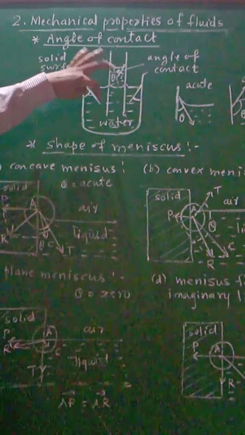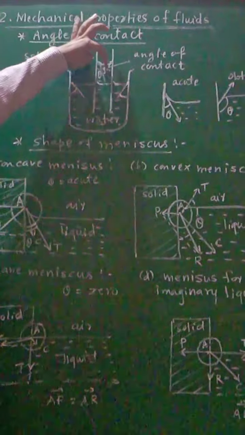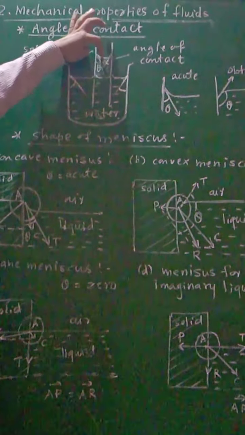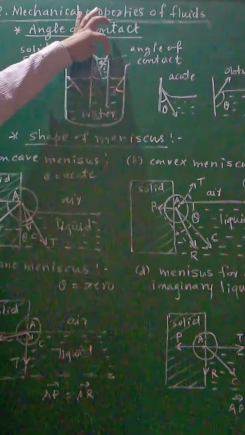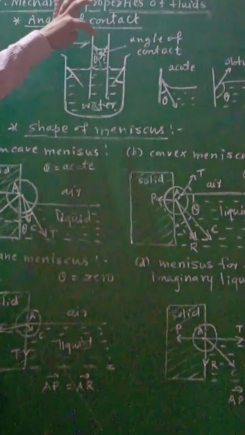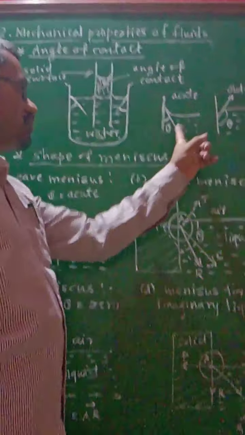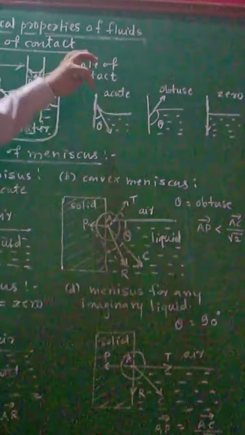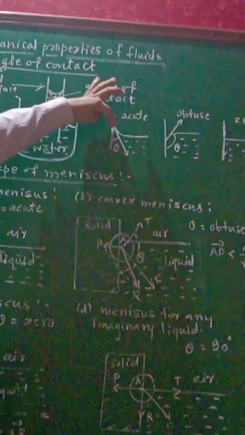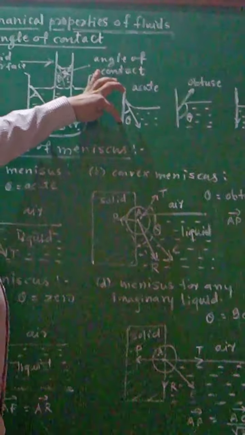Now, depending upon the nature of the liquid and solid, the liquid meniscus will be having different shapes, and then angle of contact will be different for that given pair of solid and liquid. That is shown in this diagram. In the first diagram, this will represent liquid surface, this is the solid surface.